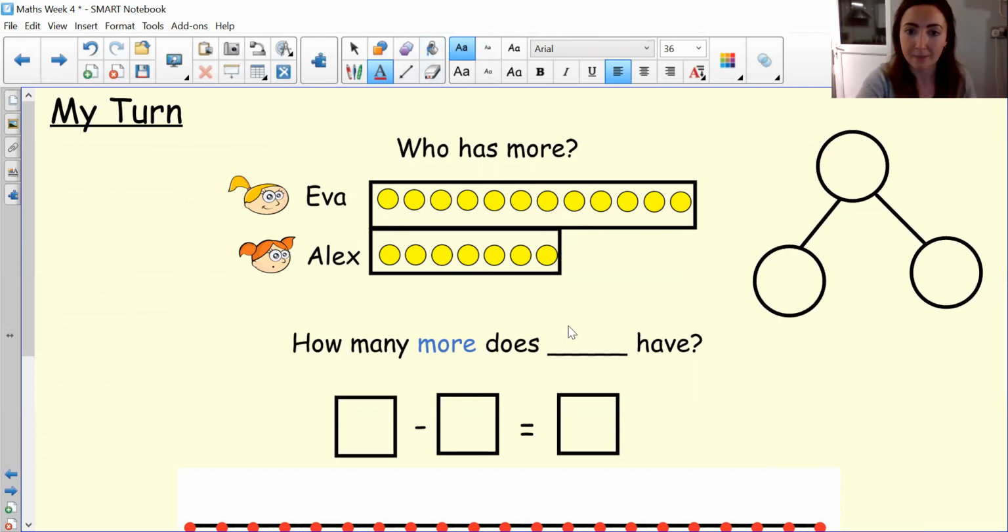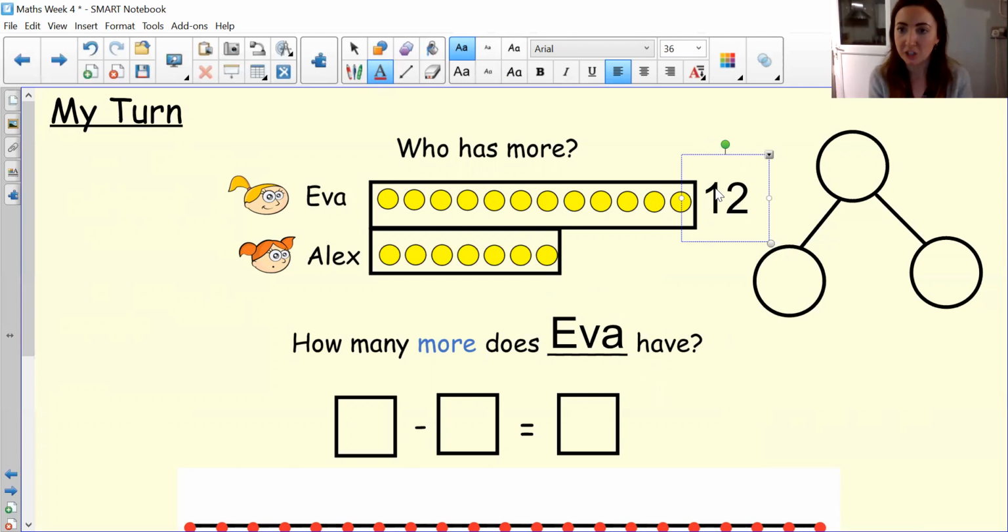Let's write that here. So we know that Eva has more, but the next question is, how many more does Eva have? And this is where some of you have made a mistake in the past, because you have gone like this: 1, 2, 3, 4, 5, 6, 7, 8, 9, 10, 11, 12. So you've counted that Eva has 12.